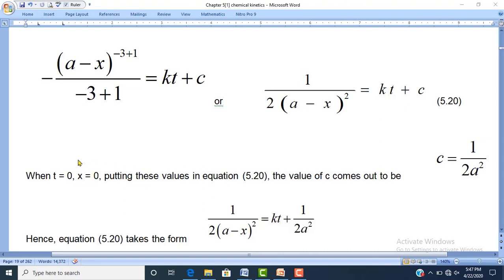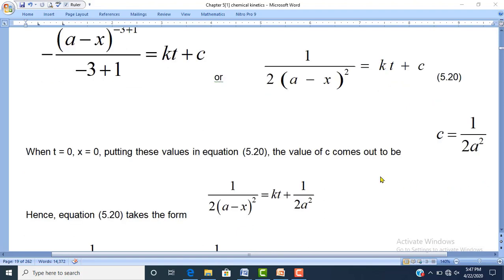If we apply these two conditions on equation 5.20, then x will be equal to 0 and time will be equal to 0. So this equation 5.20 will give c is equal to 1 over 2a square. Now we will put this value of c, 1 over 2a square, into equation 5.20.